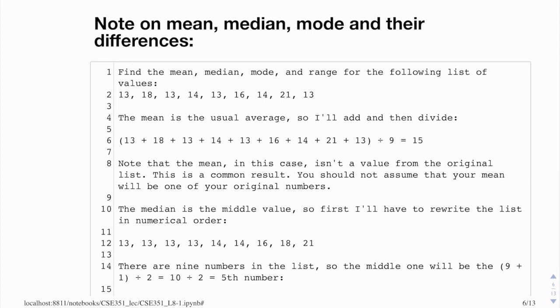It's worth to also do a flashback on some statistical measurements, namely mean, median, mode, and their differences. We should make sure that we know the difference between mean, median, and mode of a distribution. Simply, when you want to compute a sample mean, we add up the values and divide by the number of values.